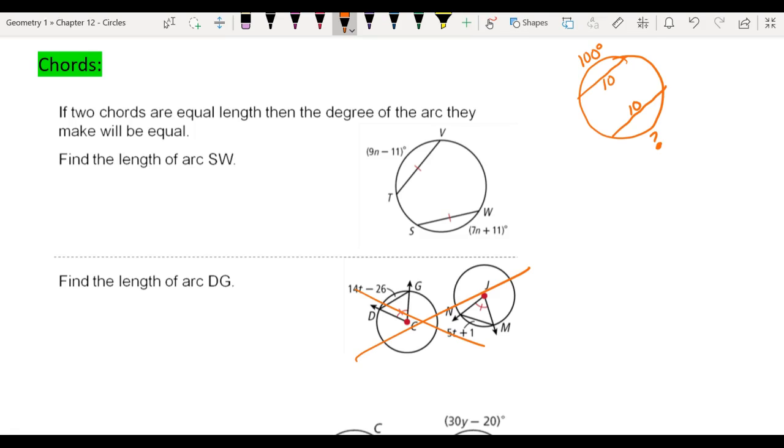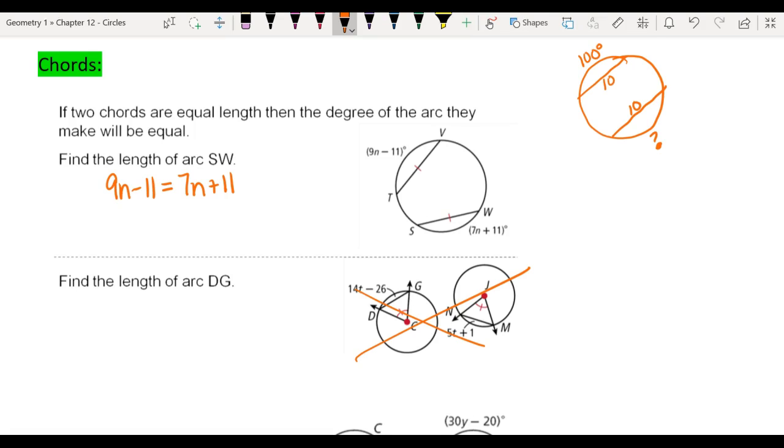Then it jumps to a little bit harder, and it gives you pictures like this. Does anyone have any ideas on how we would solve this? Set them equal. Okay, so you're going to set this equal to that. So you get 9n minus 11 equals 7n plus 11. Now on your IXL today, it just has you solve for n.